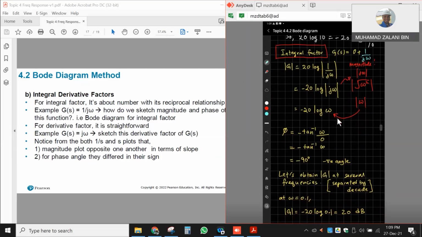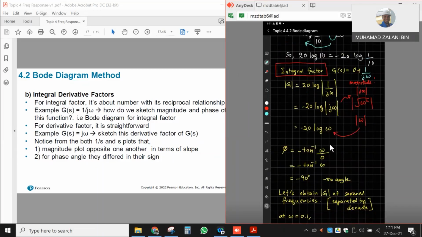And then similarly for the calculation of phi or phase angle, we can use the reciprocal relationship of the system, which is now negative arctangent omega divided by 0. This is from g of s equals 0 plus 1 over j omega.